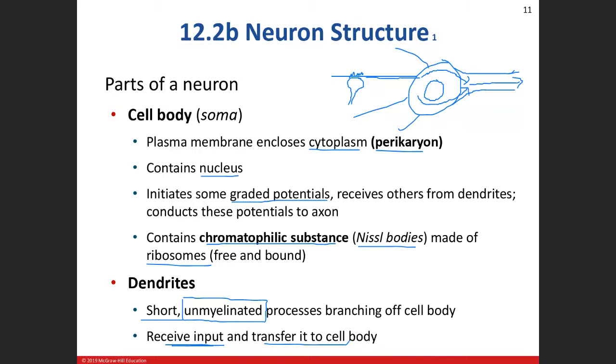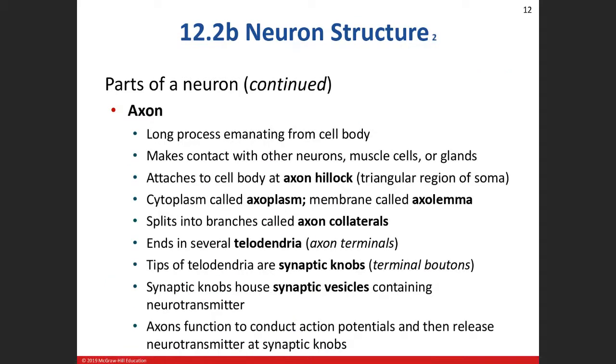All right, our axon is the longest and largest process that comes off of the cell body. So here's your cell body, and here's the axon right here.